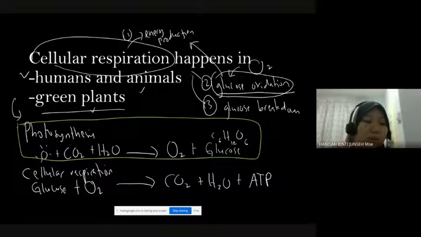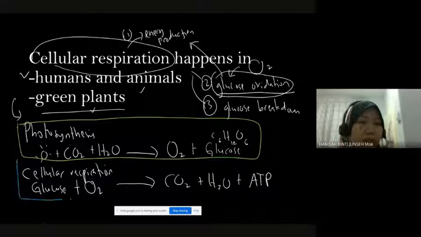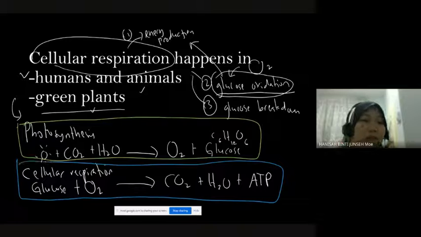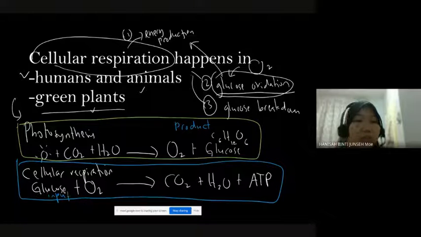What I'm trying to show you, let's put it in blue here, is that whatever the products of photosynthesis, which are glucose and oxygen, are actually the substances or inputs in cellular respiration.